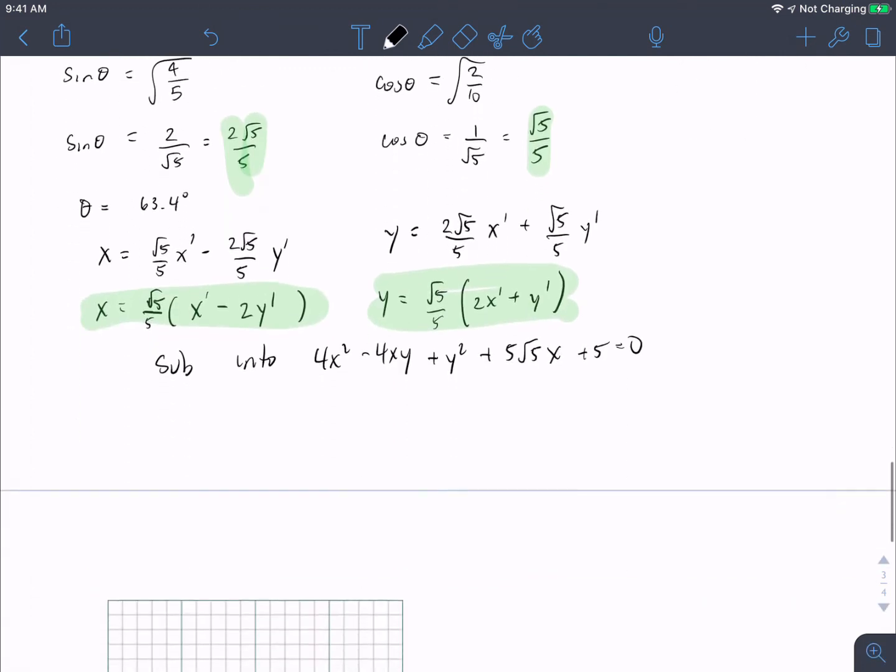And so subbing those values in, it's going to be long.